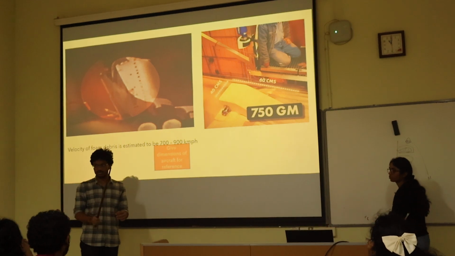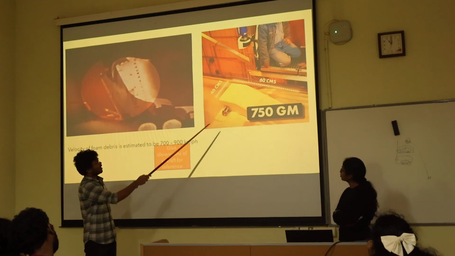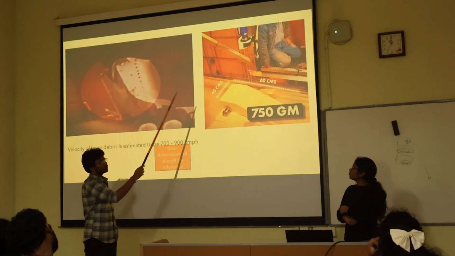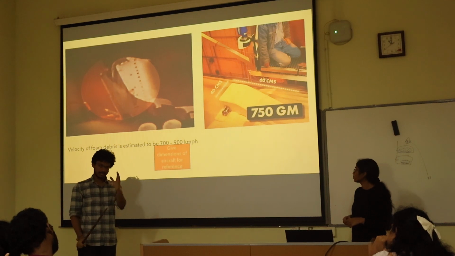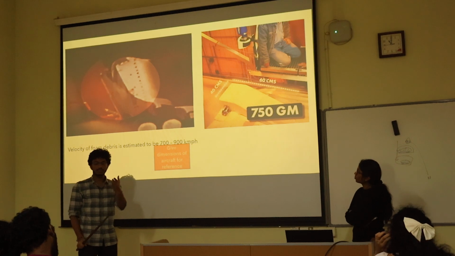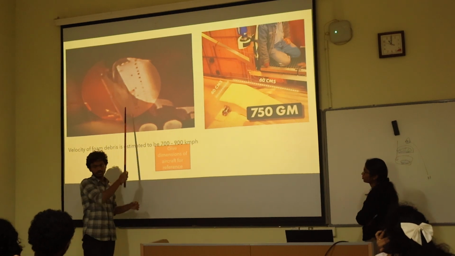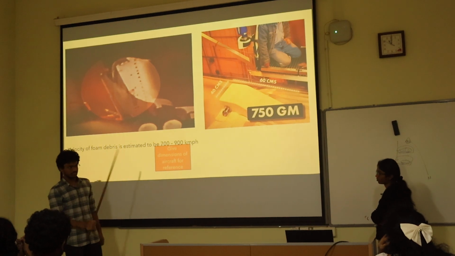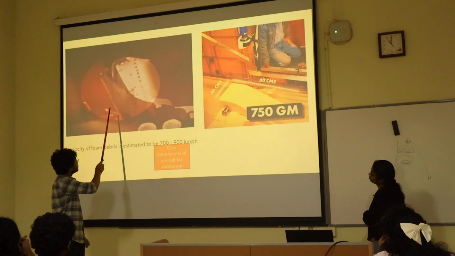It is called the fuel tank, and it is coated with foam. This is the foam part, which due to high vibrations has left. It broke from the fuel tank and hit the left part of the wing. So it concludes that damage occurred to the left part.